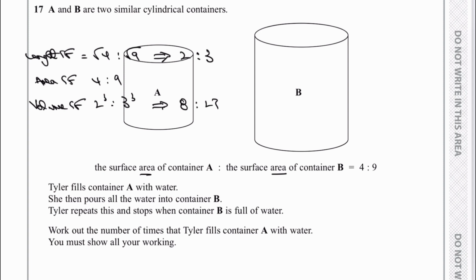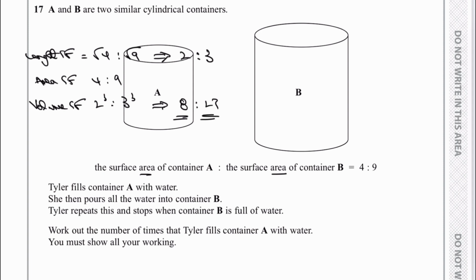So therefore what we're actually saying is that if he pours all the water from container A into container B, what he's actually pouring in every time is going to be 27 divided by 8. It's how many lots of 8 are there in 27.